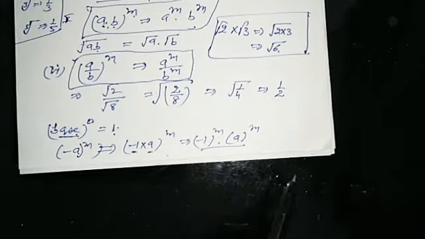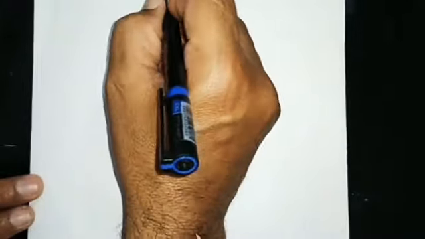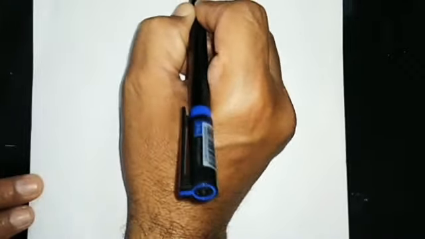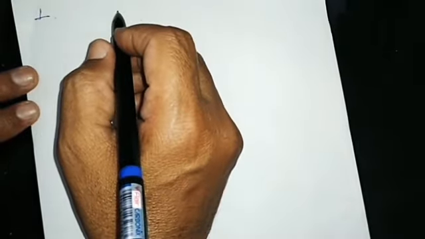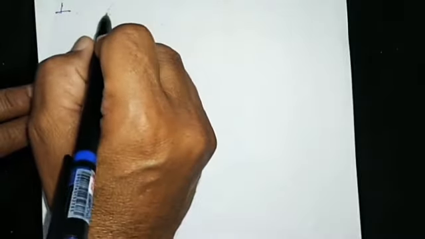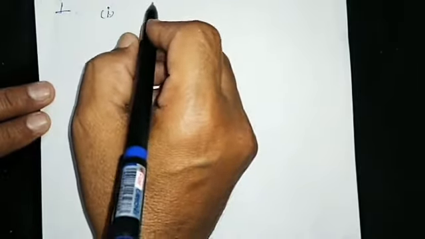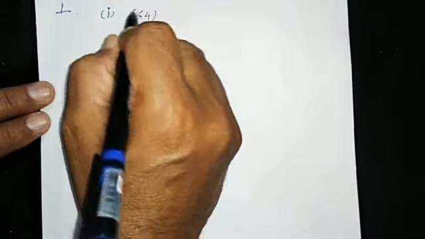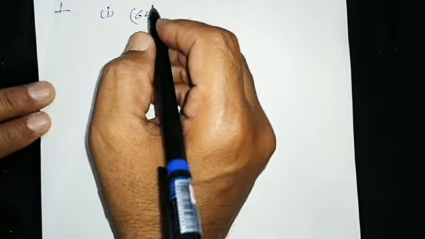Now come to the exercise. Okay, the first, exercise 1.6, a very small exercise, so the video will also be very small. Question 1 has 3 parts, we will try to take 1 or 2 parts. The first part is that we have to find the value of 64 having power 1 by 2.